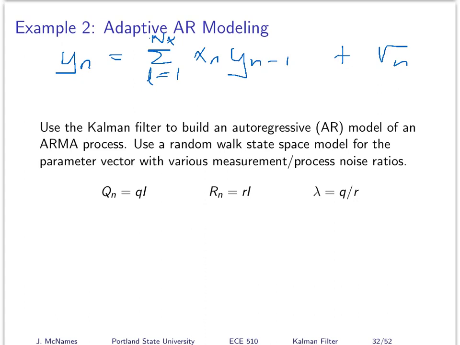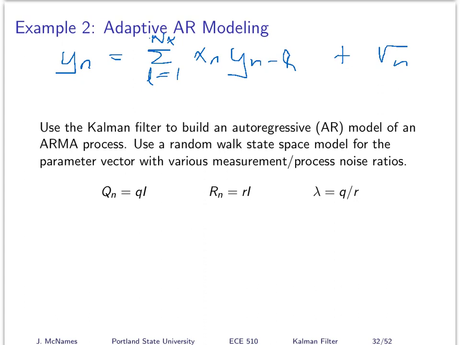Now, for those of you that have taken a lot of signal processing classes, if instead of thinking of this as a state variable, you think of this as a coefficient, say a fixed number for a minute, then you'll recognize y of n is equal to some linear combination of past values. This shouldn't be n minus 1, it should be n minus l. Some linear combination of the past values of the process, and then there's some noise that's driving it.